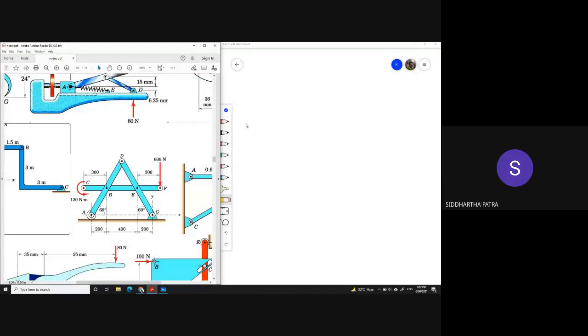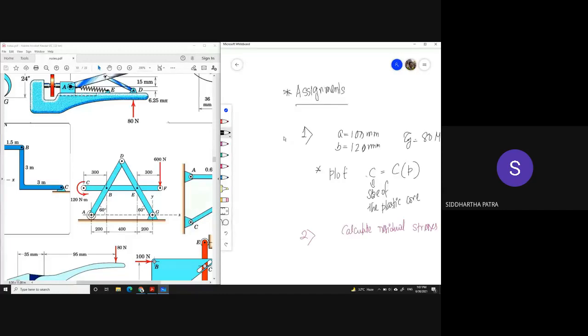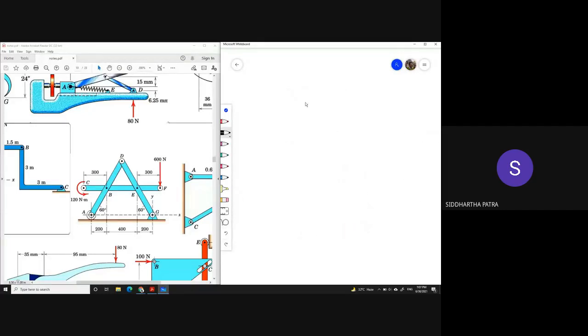We have this frame comprising three components, and two of them are making two sides of A, and then there is this central line CF.